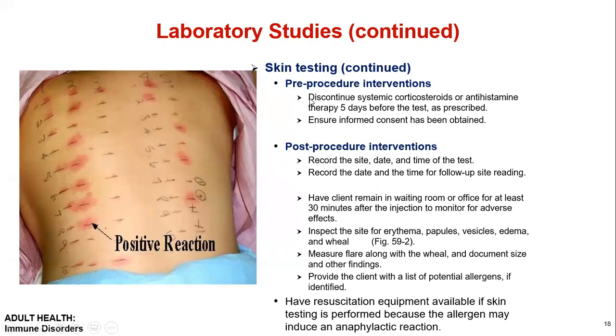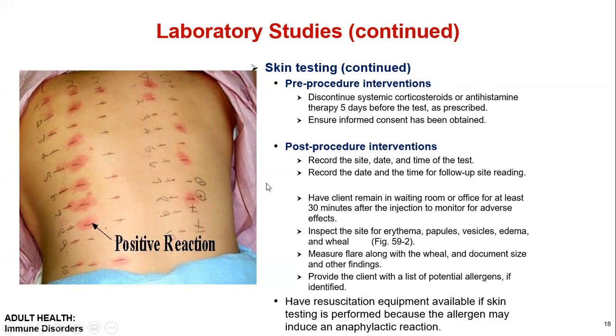So pre-procedure, we discontinue the systemic corticosteroid if your patient take it. Tell them not to take it. Antihistamine, better to stop 5 days before the test or as prescribed. Ensure informed consent has been obtained. And post-procedure, we record the site, date, and time of test. Record the date and time for follow-up site reading.